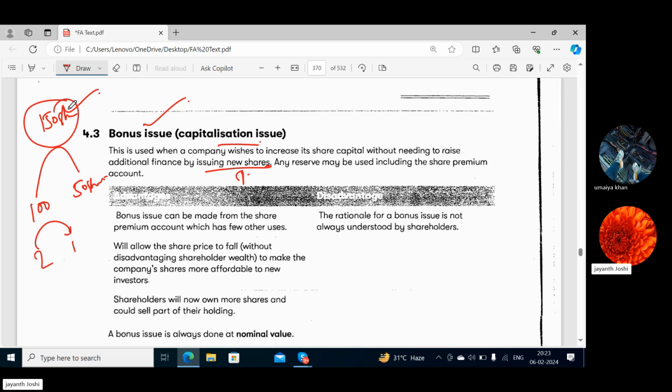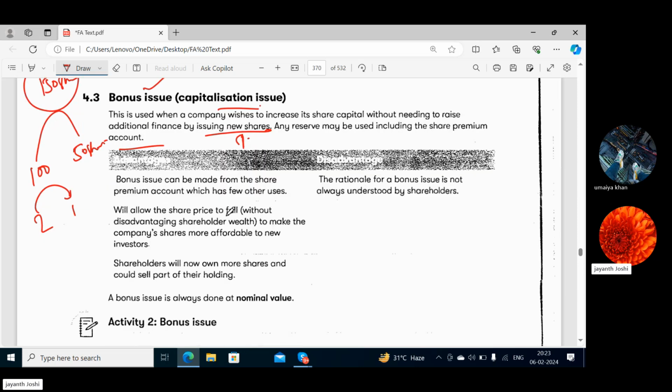Now, any reserve may be used, including the share premium account. For giving a bonus issue, they have to use some reserves, to show that they will be utilizing certain reserves for this particular bonus issue. Now next point, bonus issue has some advantages.